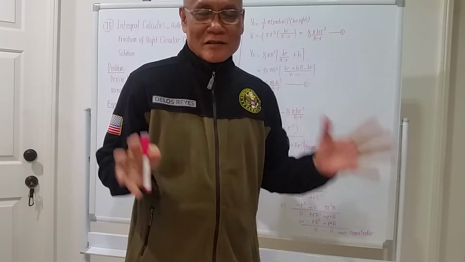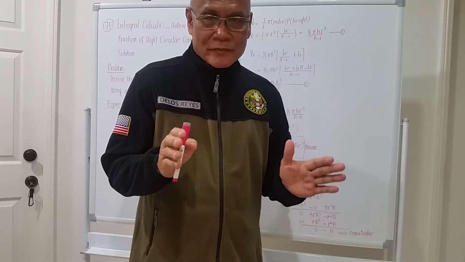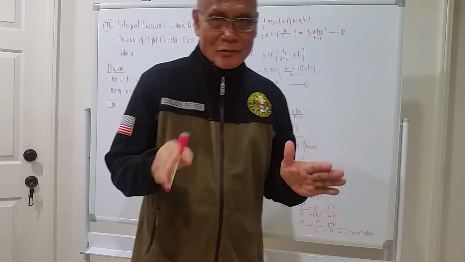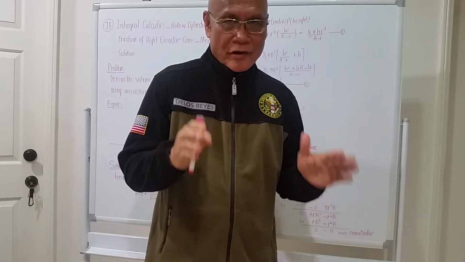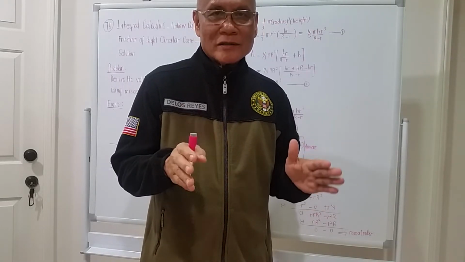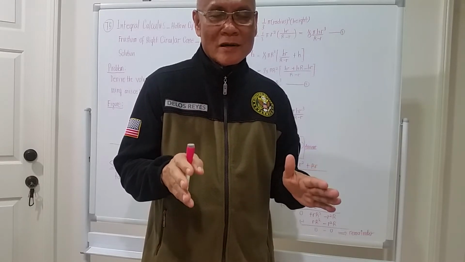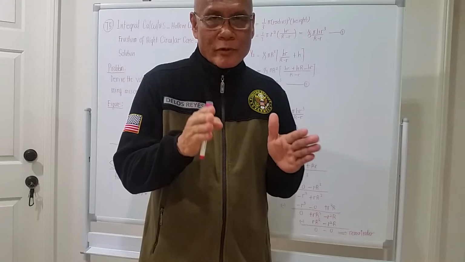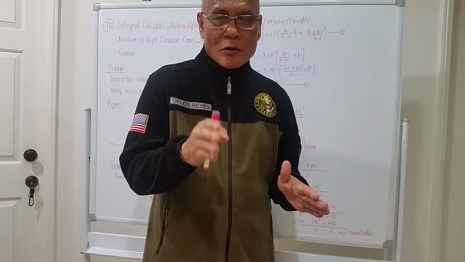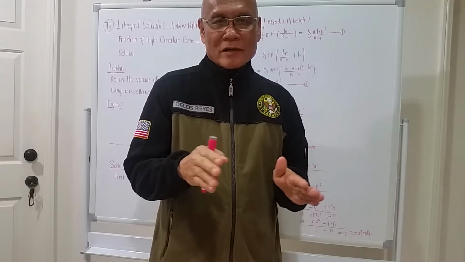My topic this evening will be a special case. The main topic is actually integral calculus. This is regarding volume. I want to discuss the so-called derivation of the formula for the volume of the frustum of a right circular cone using miscellaneous solution.